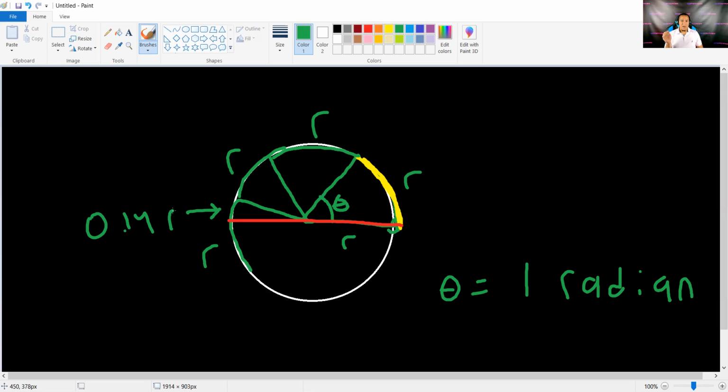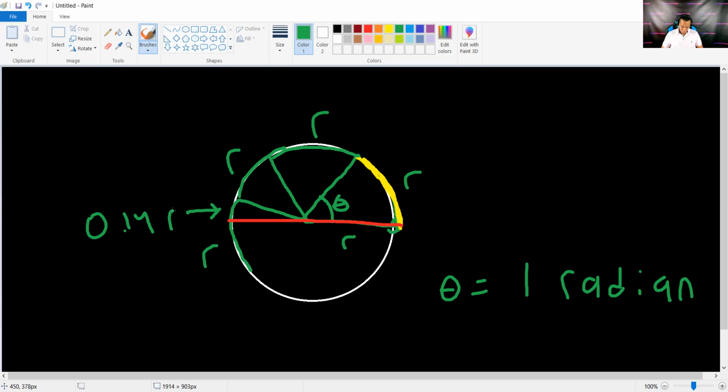So basically, after going halfway around the circle, I've gotten 3 radius lengths and a little bit more. It turns out that the distance halfway around the circle is pi radians.